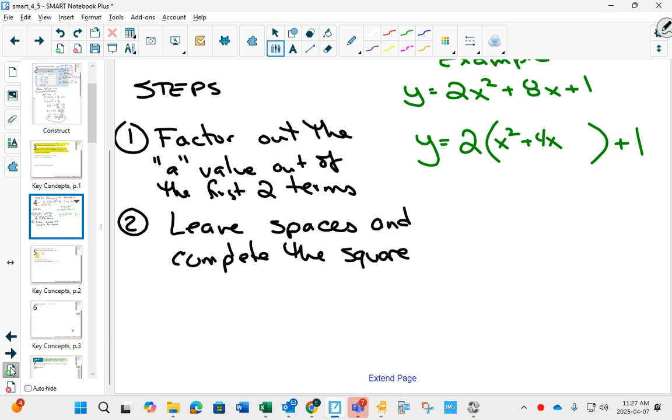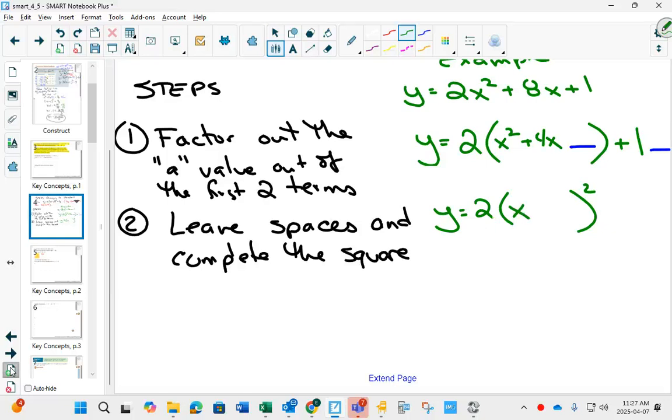We're going to leave spaces, and this time our spaces are going to be on the same side, and complete the square. Well, if it's going to be squared, and I have an x squared plus 4x, that's the hint. There's only one thing that can give me an x squared.